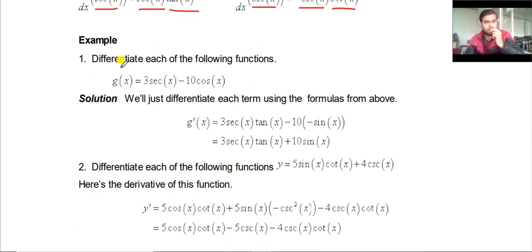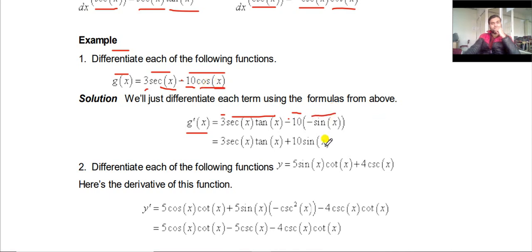Here a question is given to you, that is g(x) is equal to 3 sec x minus 10 cos x. You have to differentiate this. When we differentiate g(x), it will become g dash x. So we write 3, and differentiation of sec x is sec x into tan x. Then we write minus 10, differentiation of cos x will be minus sin x.